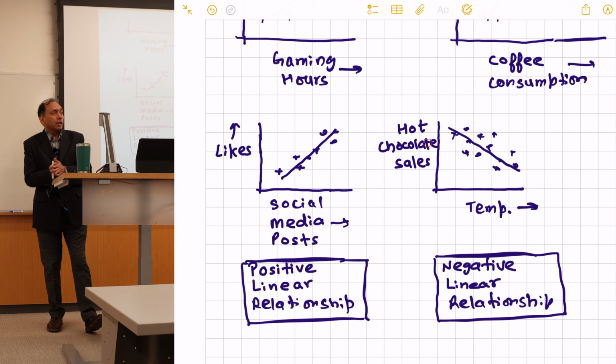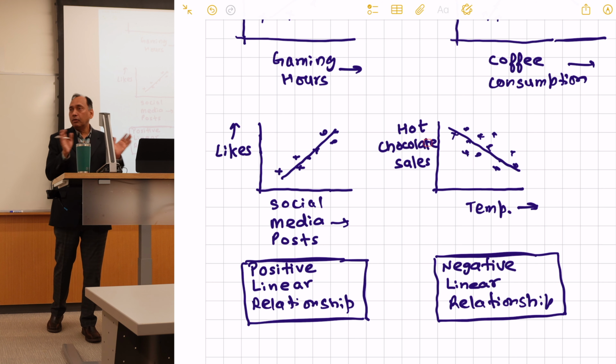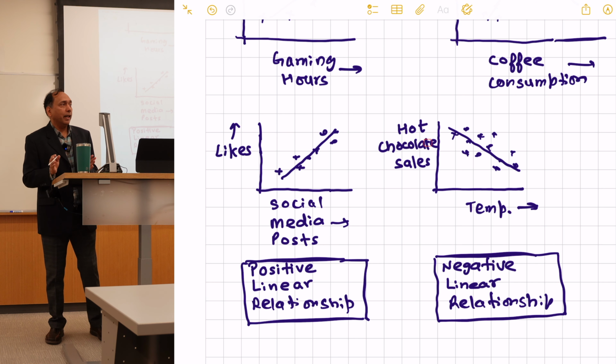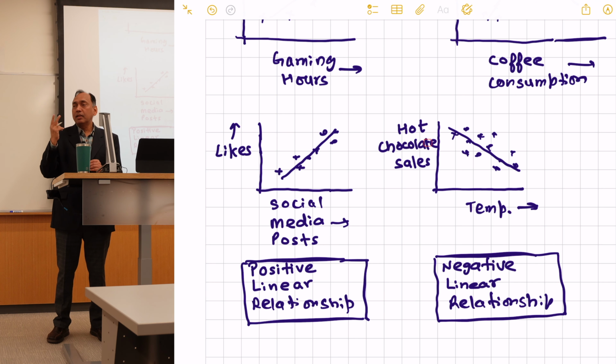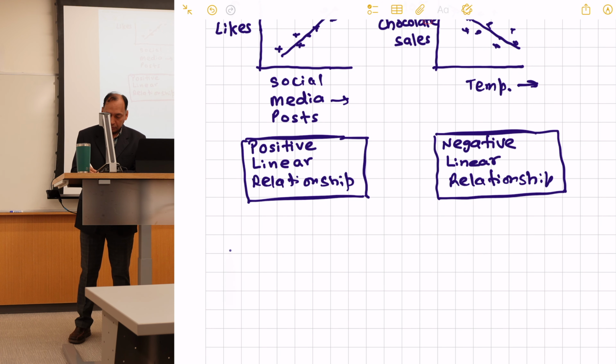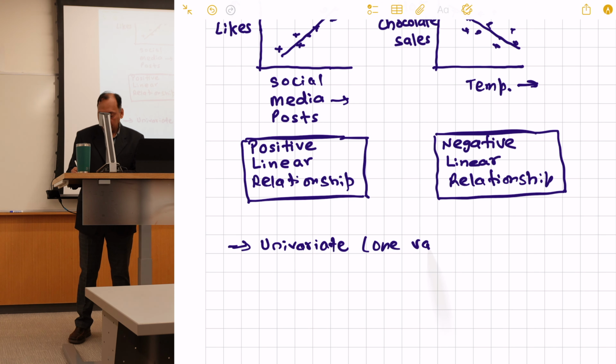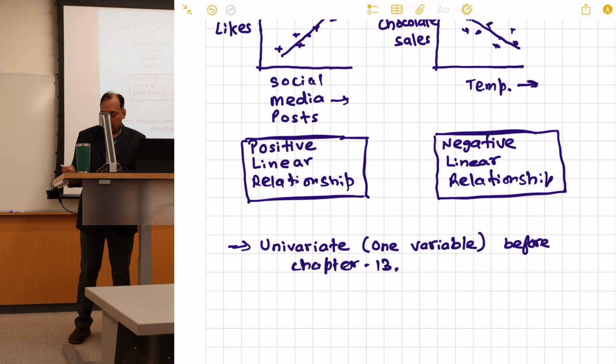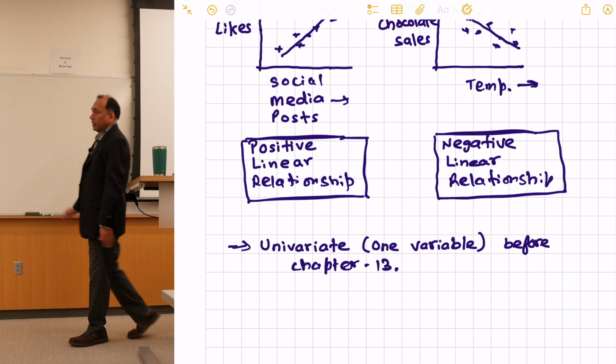So before this chapter, we have never covered that kind of situation where you have two variables and you are studying the relation between two variables. All the other situations were, you can call, univariate. Univariate means one variable. Before, you can say, chapter 13, all were univariate cases.